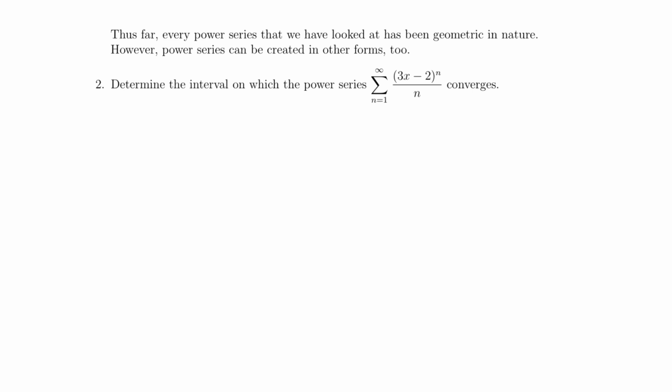So in order to determine an interval of convergence for these types of power series, we need something called the ratio test. And I'm going to pull up the ratio test for us. We need something called the ratio test. And this is what we use to determine interval of convergence.